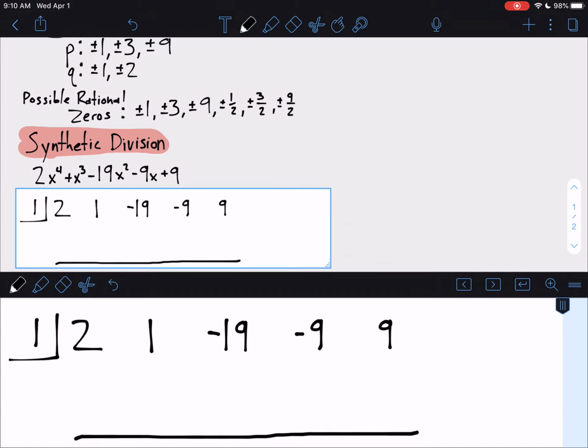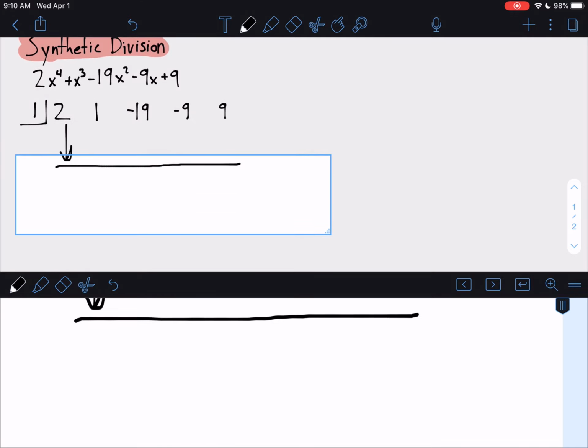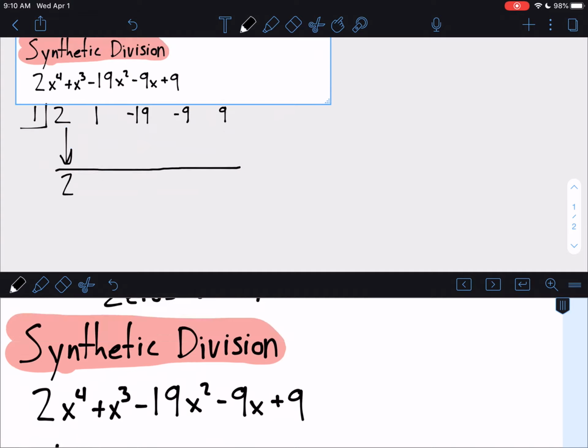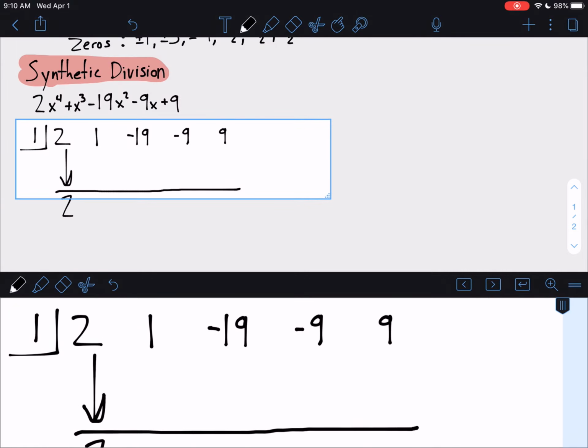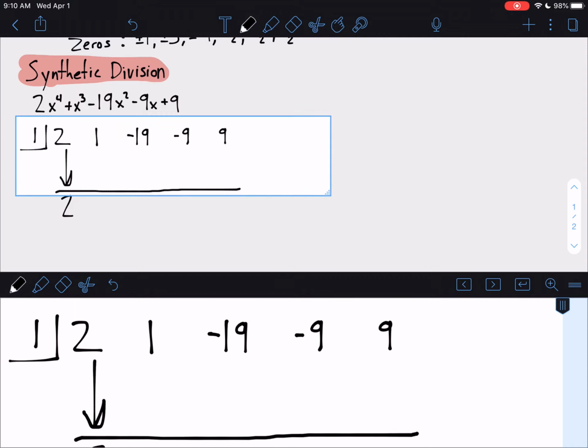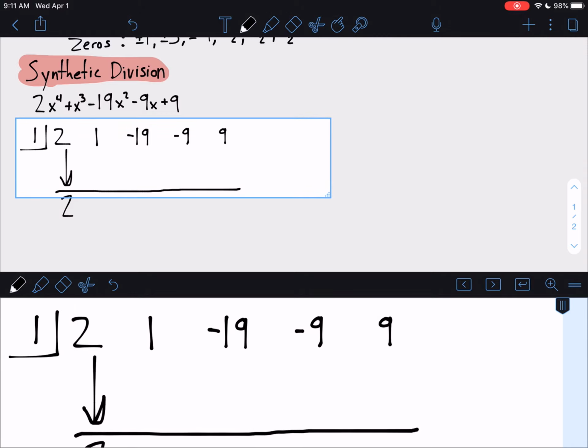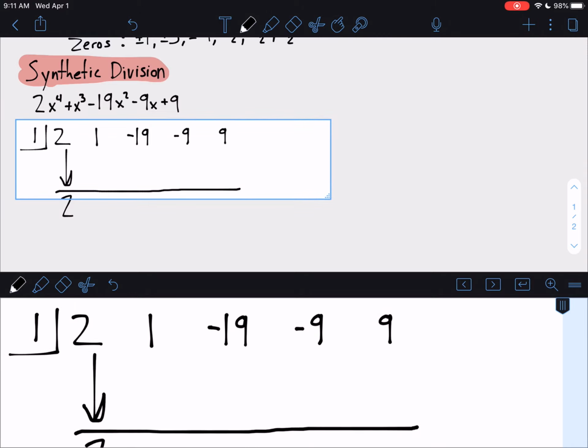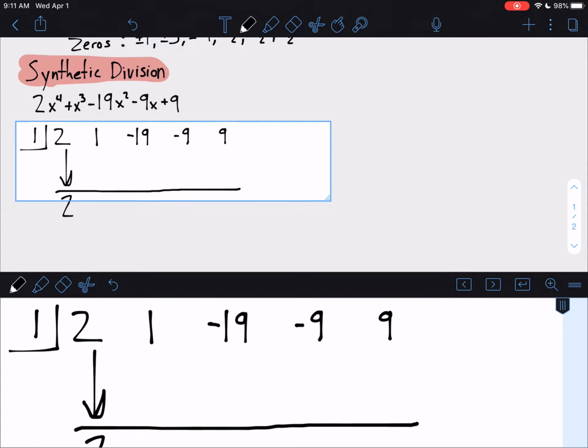The first thing you want to do with any synthetic division is bring down the first number. So this first number, this 2, I'm going to bring that down, and I'll just write that down here, 2. Then I'm going to take the 1 inside the box and multiply it times the 2 that I wrote down below that bar.